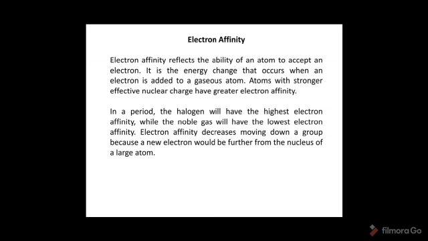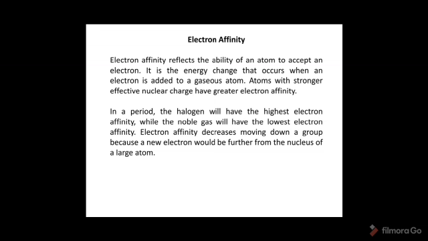But what about electron affinity? The ability of an atom to accept an electron. Take the halogen family, group 17 elements. It has 7 electrons in the outermost shell and is in need of 1 electron to get a stable electronic configuration. So it has more tendency to gain electrons.